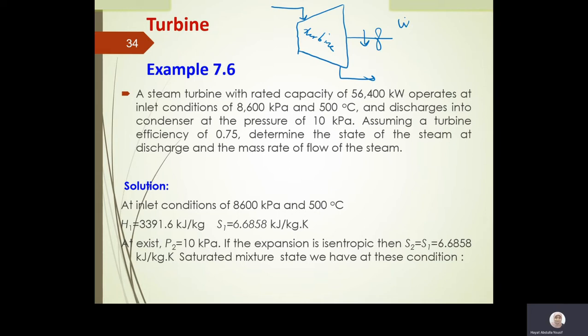It says here that the turbine's rated capacity is 56,400 kilowatt. That is simply the work that comes out of the turbine, the power out of the turbine.